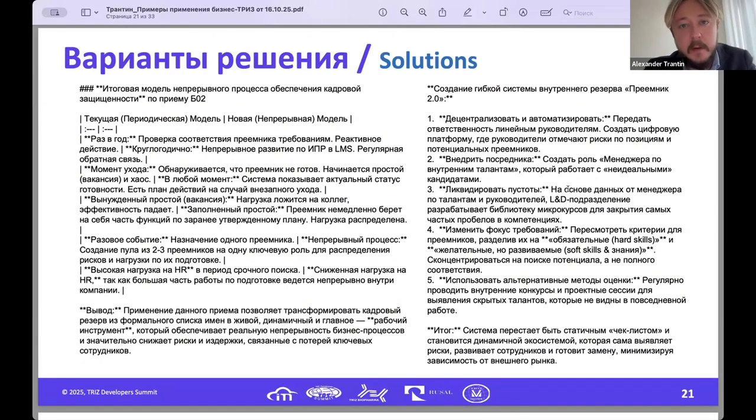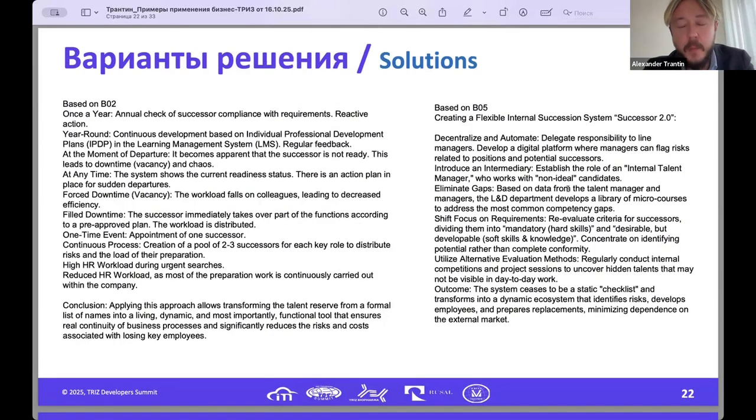Since this year, we have an option of self-application, when a certain employee understands that he has a certain potential and capacity, he may come forward with an application and propose himself.